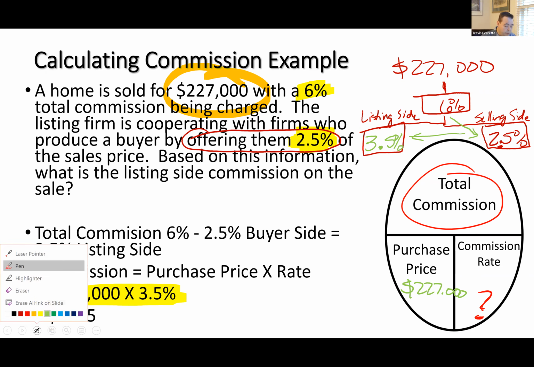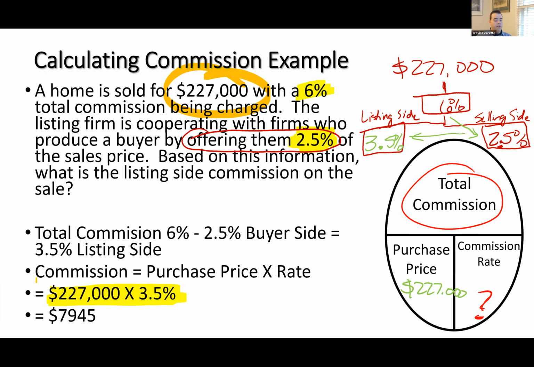So the question is really going to become, which one do they want to know? And here's the question. What is the listing side commission? So they want this right here. They want that 3.5%. And so that's going to be the number I fill in down here in my equation. They want the listing side, that's 3.5%.